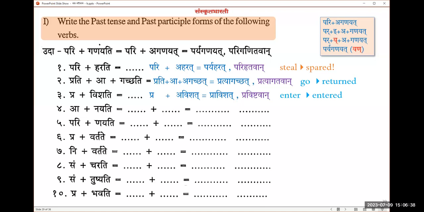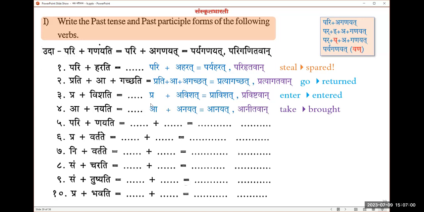Anayat. Very good. Savarna dirgha: already a is there and joins the short a and becomes one compound a. It's anayat. And here it's anitavan. Well done. Thanks, Surya. Let us have others. I know your energy. I appreciate.